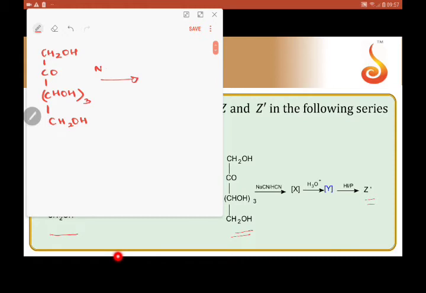NaCN and HCN is added to it. Once again an addition reaction takes place, this time at the second carbon, which is a ketonic group. So CH2OH over here, and here we will now have CN and OH. Continuing the compound, CHOH thrice and CH2OH.